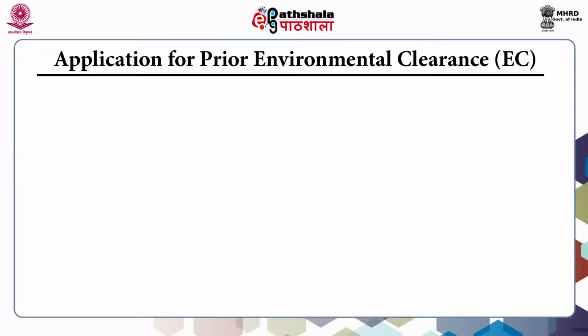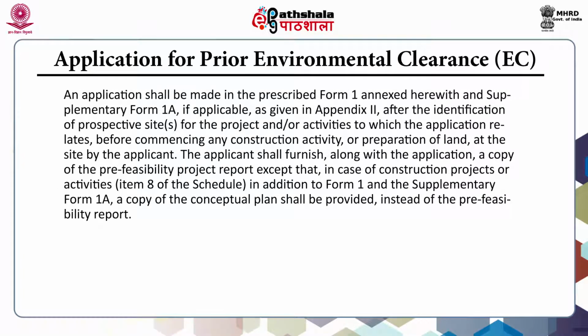Starting with application for prior environmental clearance. An application shall be made in the prescribed Form 1 annexed in this notification and supplementary Form 1A if applicable as given in the Appendix 2 after the identification of prospective site for the project and or activities to which the application relates before commencing any construction activity or preparation of land at the site by the applicant.